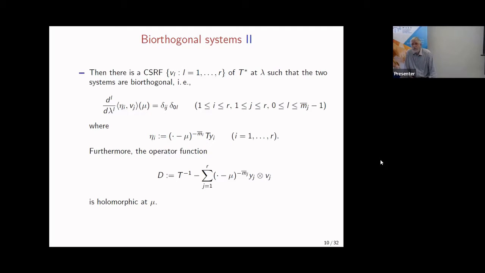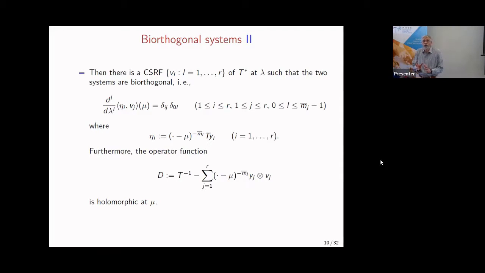And one important property is that if we take T inverse and subtract the sum j from 1 to n of minus mu to the minus, which should actually be, okay, that mu should actually be a lambda here, y_j tensor eta_j.